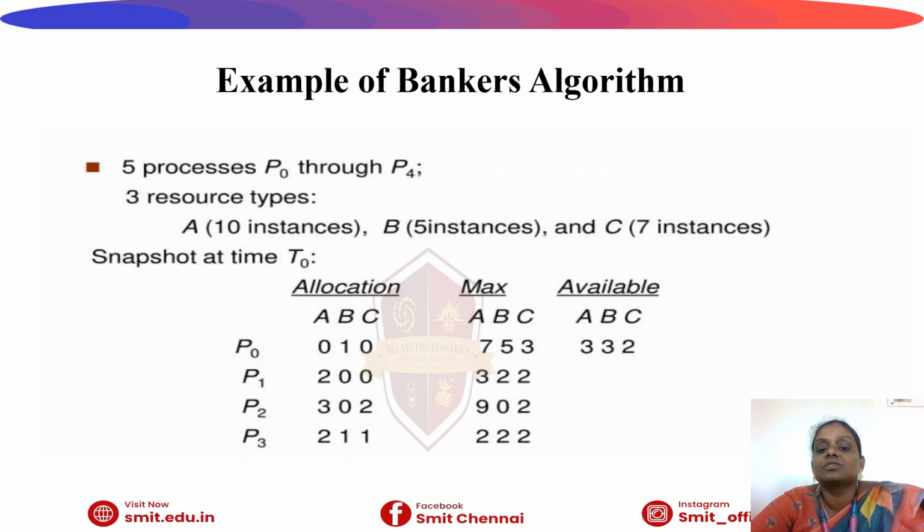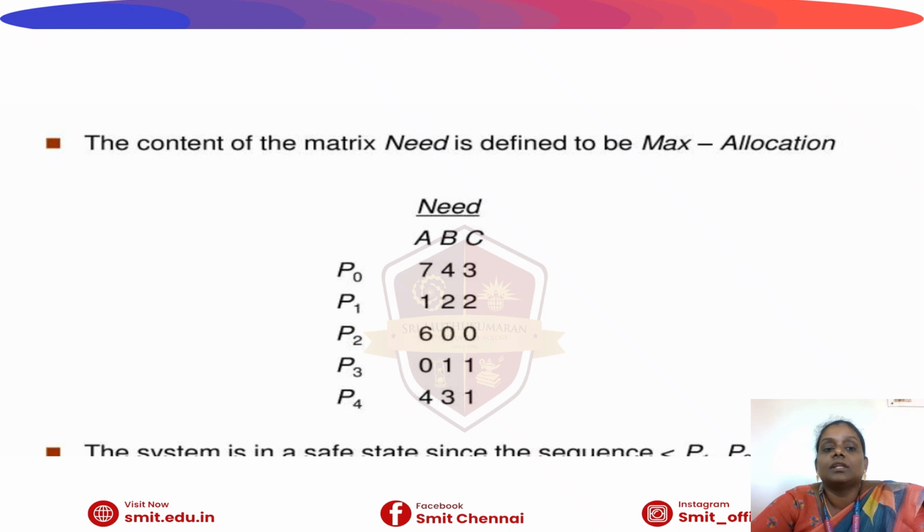The Maximum is mentioned here and Available is 332. Need equals Maximum minus Allocation, so we subtract Allocation from Maximum to find the Need.